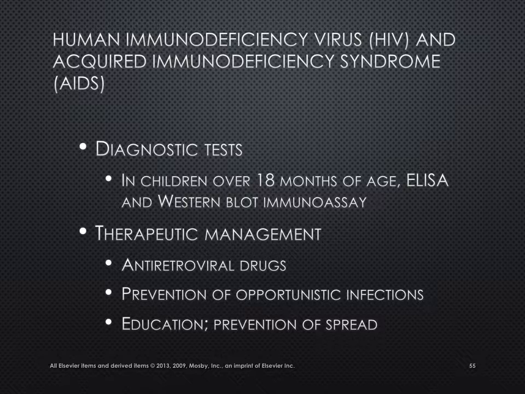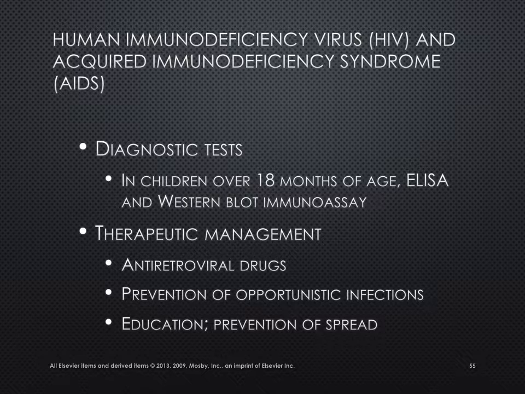We can do PCRs on kids earlier, and that will identify the HIV infection at a much sooner time period, but it is not considered the gold standard, and so at this point in time they still need to have the ELISA and the Western blot immunoassay to say whether or not they have HIV infection or not.